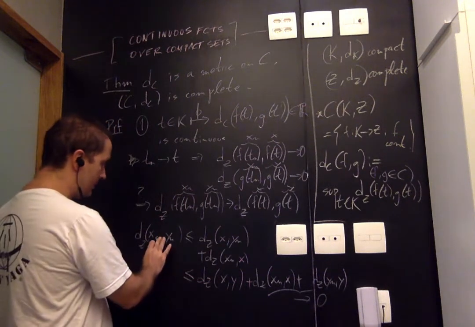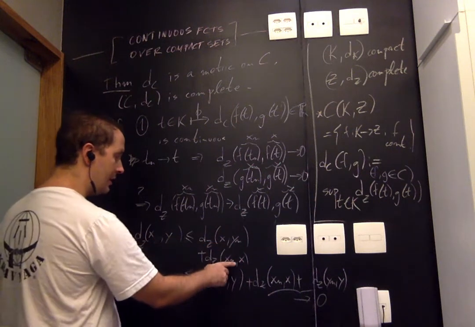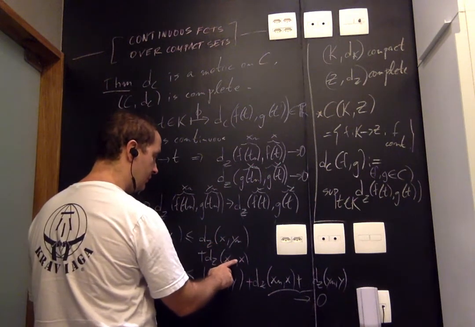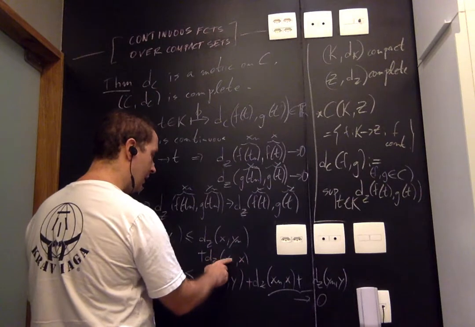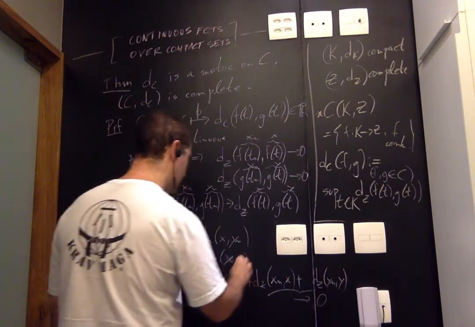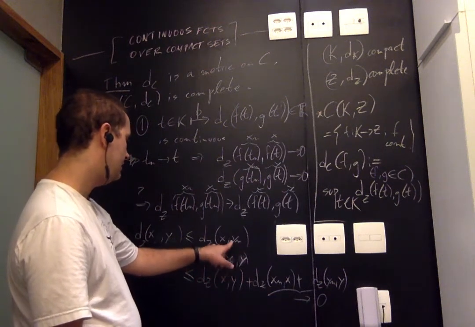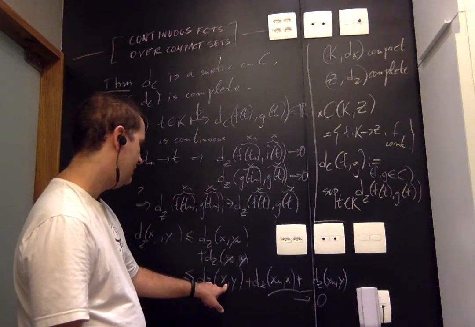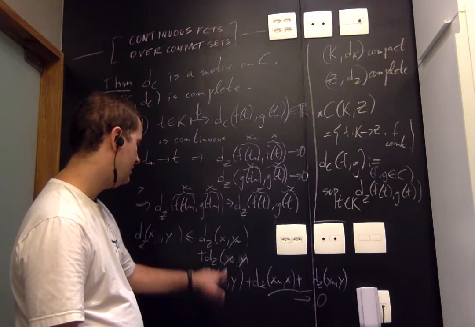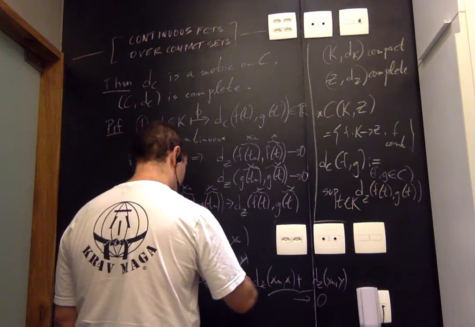I also have something similar, right? Just say the distance from x to y is at most the distance from x to y_n, and then from y_n to y. And now I break this again, and I want to have here the distance from x to y, and then I want to have here the distance of x sub n to y sub n.